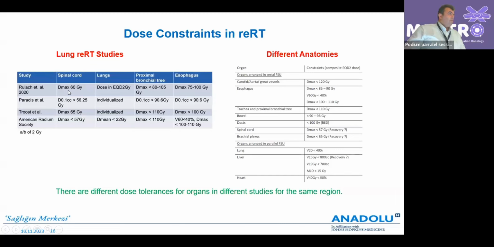Some studies use the max values, some use 0.1 cc, and there are different Dmax values for the spinal cord, which means there is a huge variation between the studies. So we need to decide which study is effective and which one is not. As a physicist, maybe you can follow some evidence-based studies, but you should take into account that there are different dose tolerances for organs in different studies for the same region.